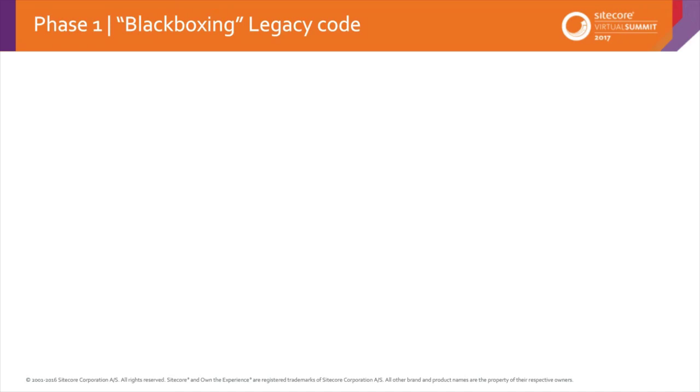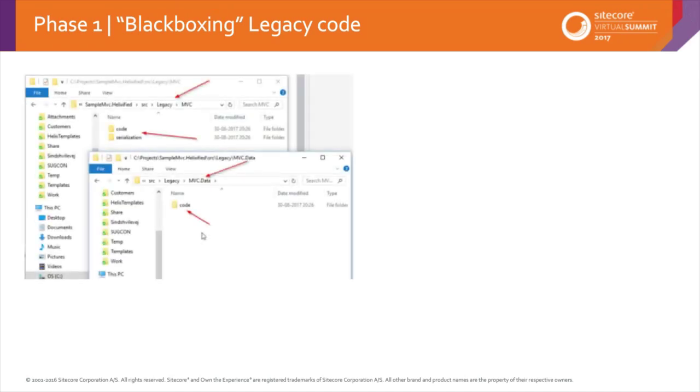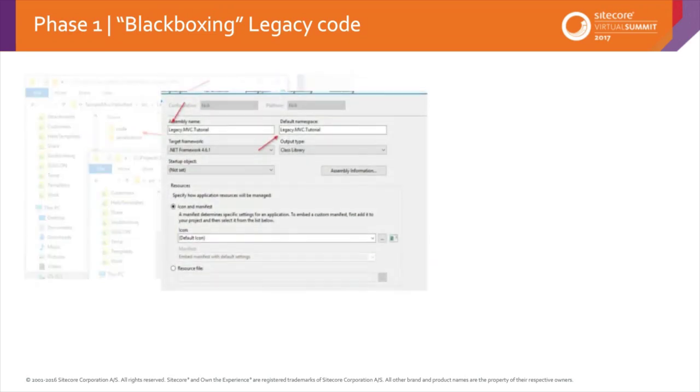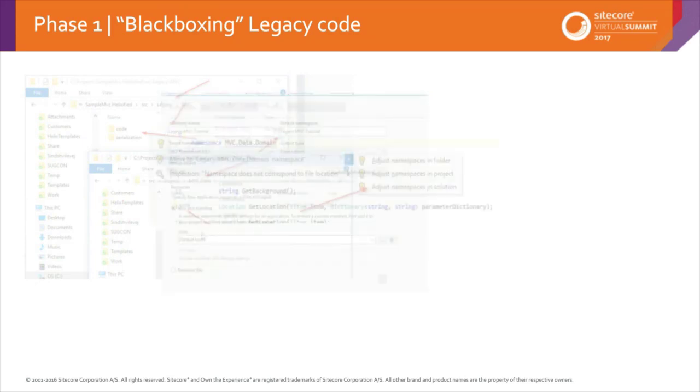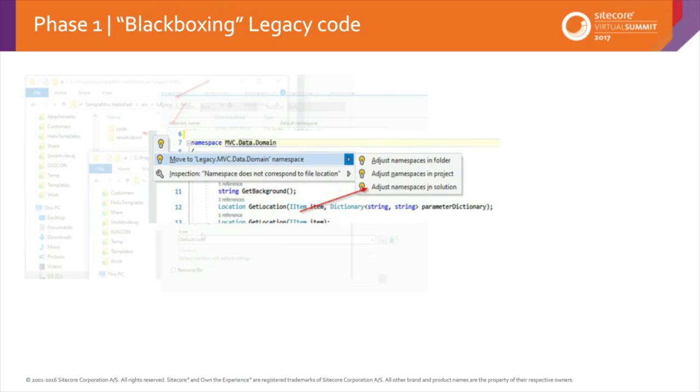Well, I created a legacy project and ensured that the folder structure resembles how you find it in Sitecore Habitat. You have the code and serialization folder. I renamed assemblies and changed the default namespace. I used Refactor to adjust the namespaces within the solution.